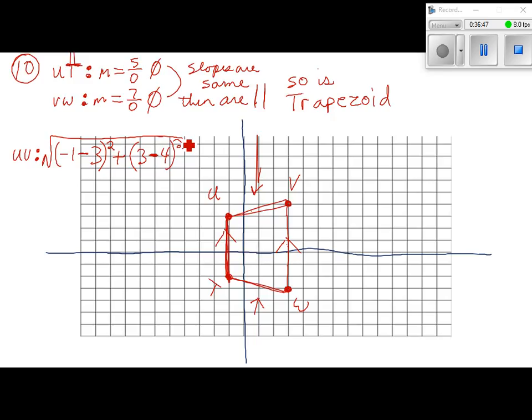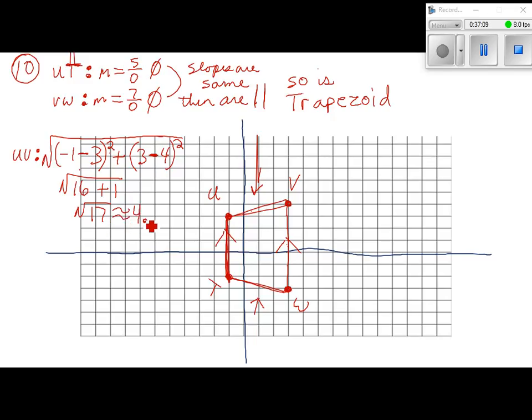Do the math, make sure you're doing the math correctly. -1 minus 3 is -4. -4 squared is 16, plus 3 minus 4 is -1, -1 squared is 1. 16 plus 1 is 17. We could take the square root of that. It comes out to be about 4.1.